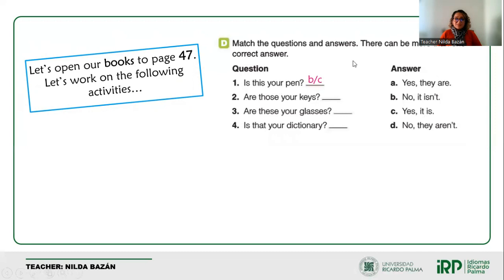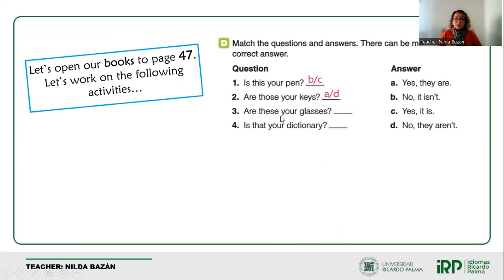Can we start checking? Great. Number 2, are those your keys? What do you think? Great. We have 2 possibilities as well. We can answer yes, they are, or no, they aren't.